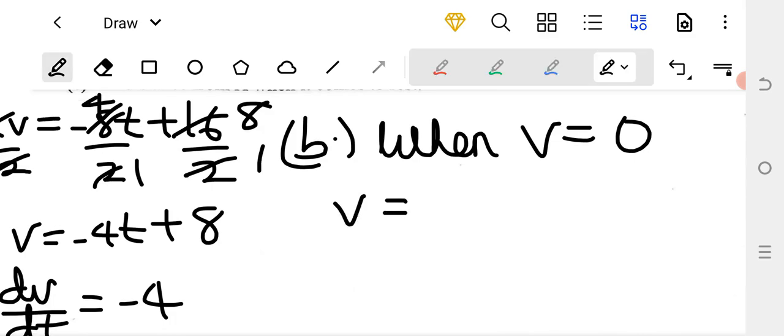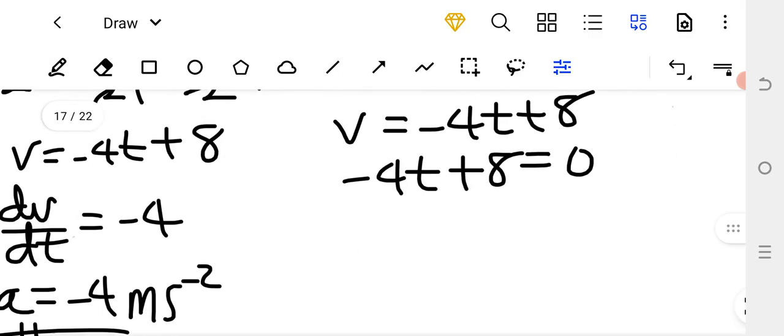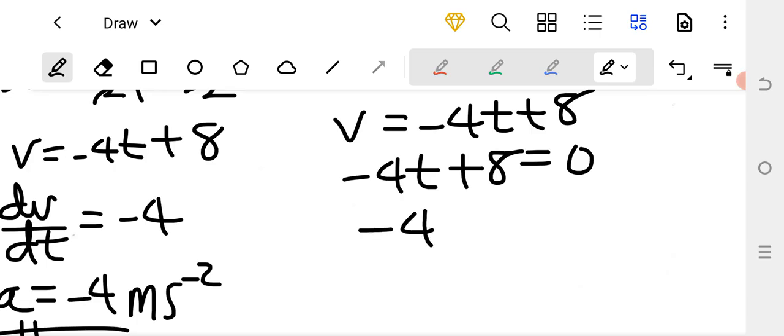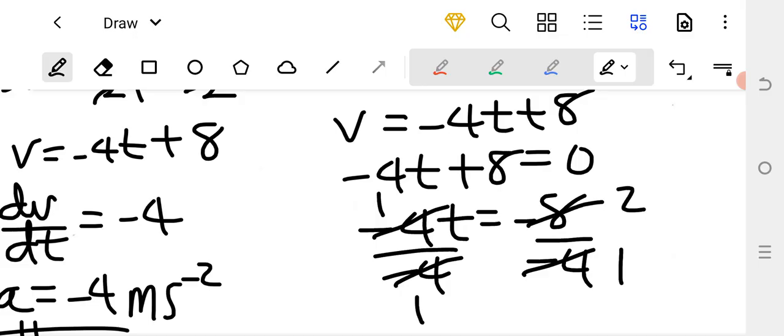V is equal to negative 4t plus 8. So negative 4t plus 8 is equal to 0. Then you're going to have negative 4t is equal to negative 8, divided by negative 4 on both sides. And then you'll say negative 4 into itself 1, into negative 4 it's a 1, negative 4 into itself 1, into negative 8 it's a positive 2.